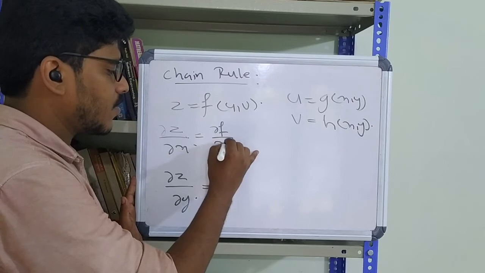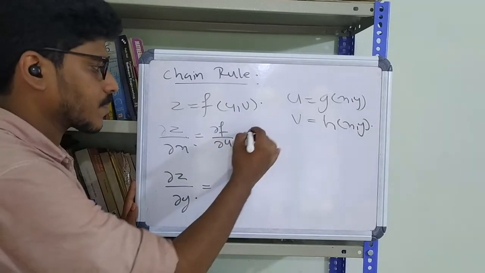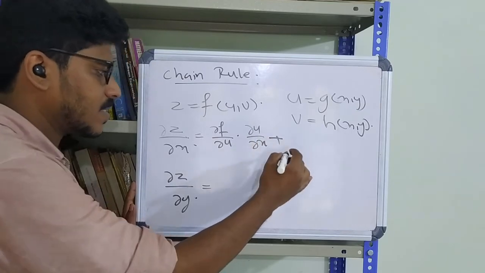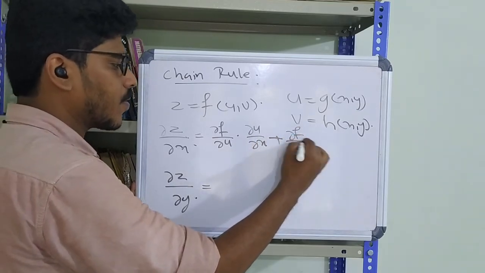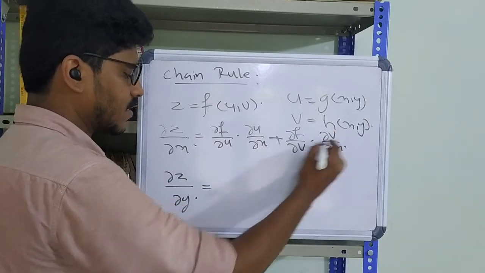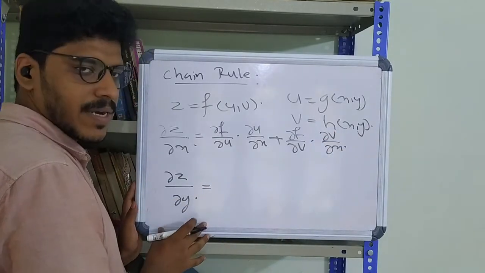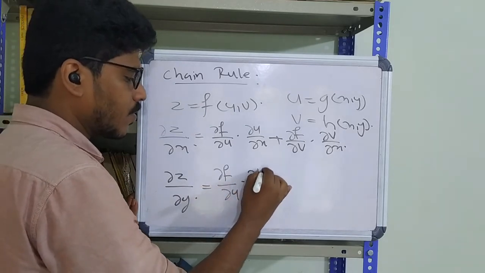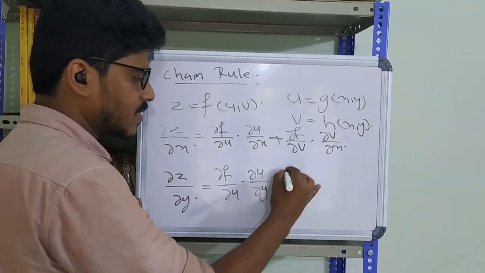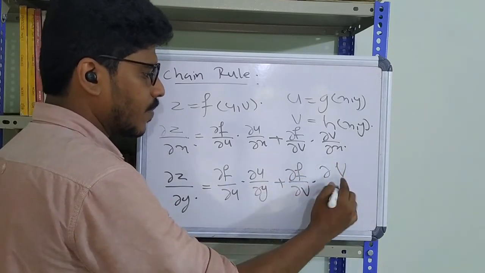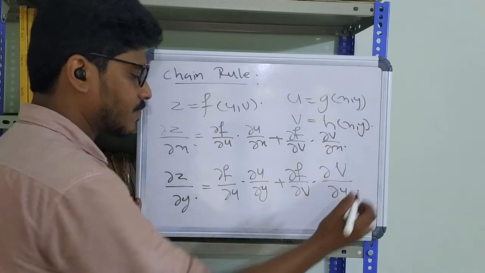∂f/∂u into ∂u/∂x plus ∂f/∂v into ∂v/∂x. Similarly, ∂z/∂y can be found as ∂f/∂u into ∂u/∂y plus ∂f/∂v into ∂v/∂y.